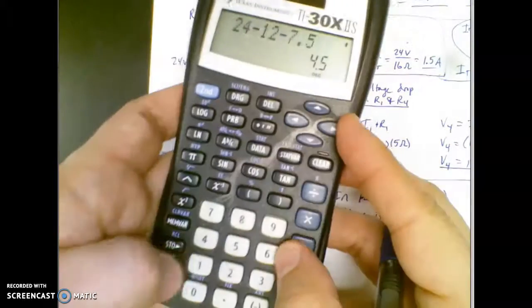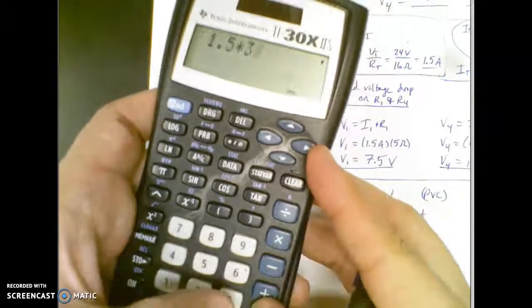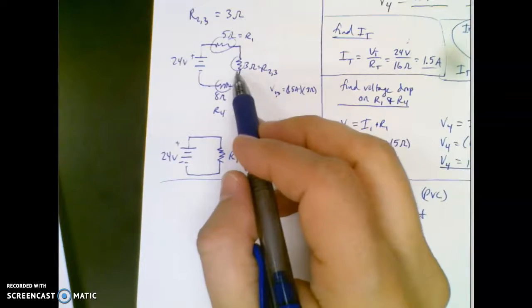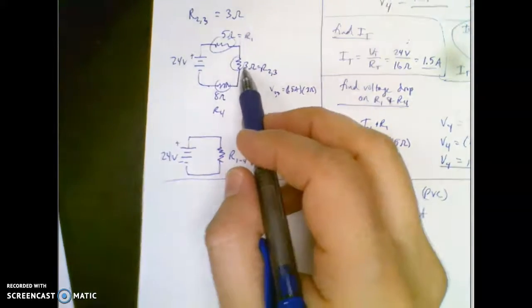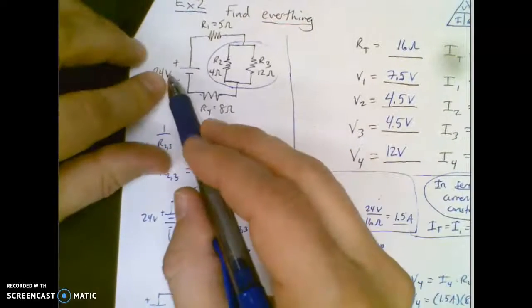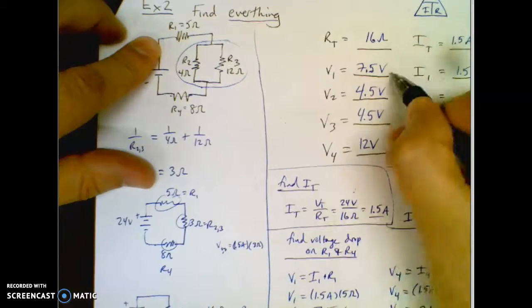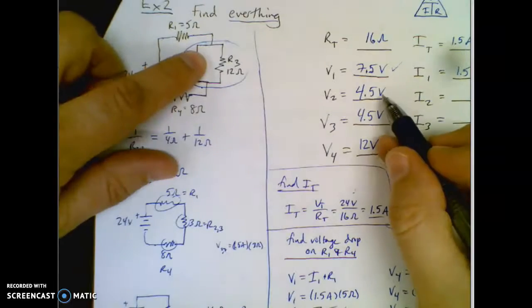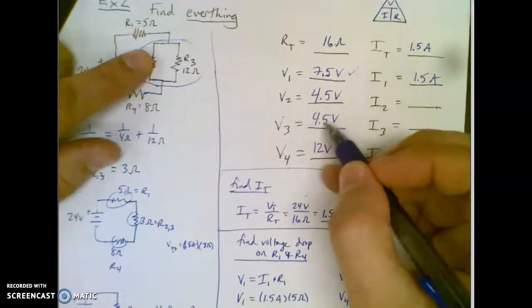And guess what you get when you do 1.5 times 3? Same answer. So I don't care how you do it. You could use this guy in Ohm's law, because it's the series equivalent of this, or you can use your noggin and say 24 volts, I dropped 7.5, I dropped 12, so all that's left is 4.5, and since they're in parallel, they're both 4.5.